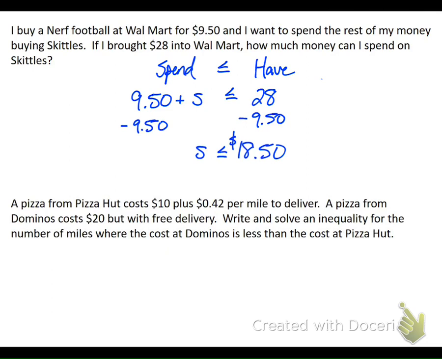So it says Pizza Hut costs $10 plus 42 cents per mile. Pizza from Domino's costs $20, and then it has free delivery. And so I want to write an inequality for the number of miles where the cost at Domino's is less than the cost at Pizza Hut. So I want Domino's to be less than Pizza Hut.